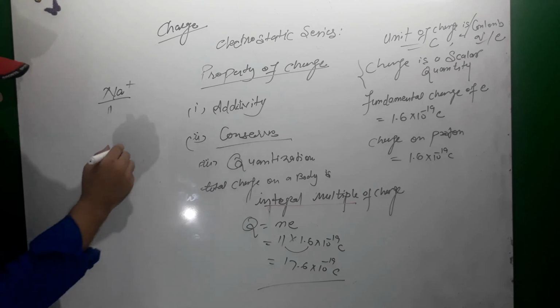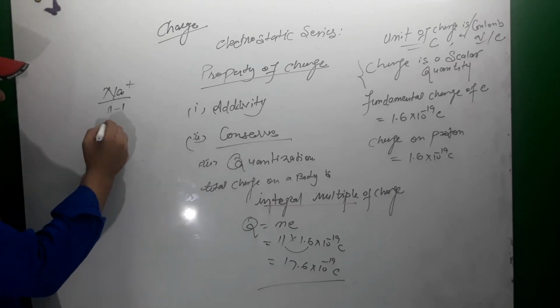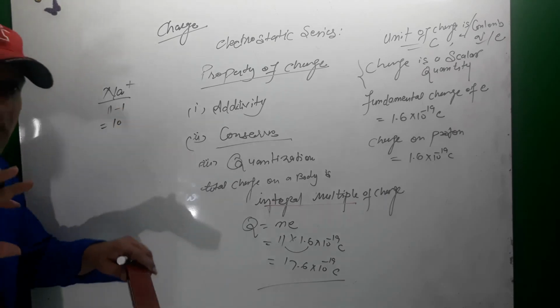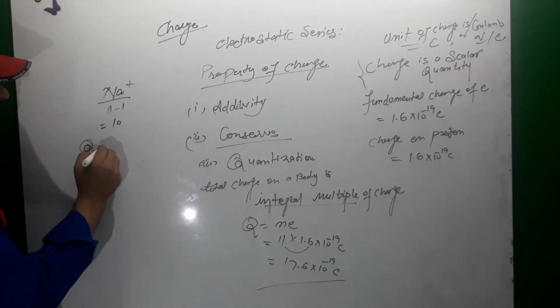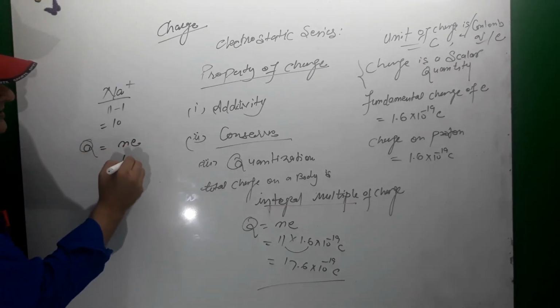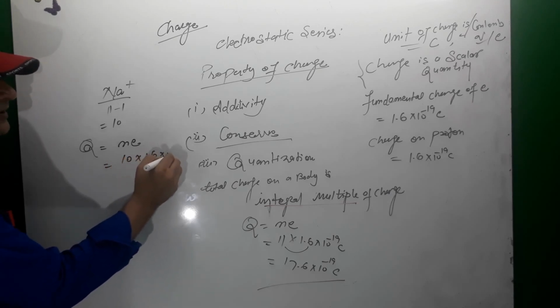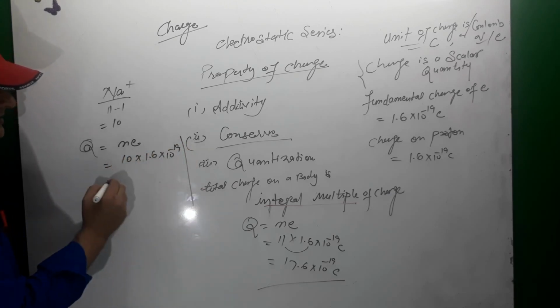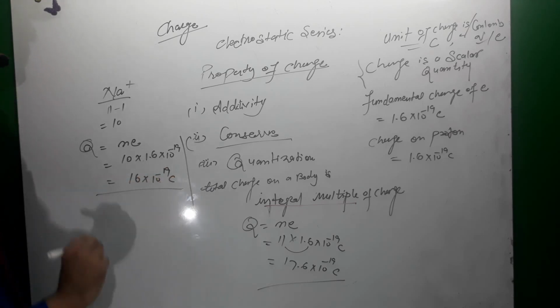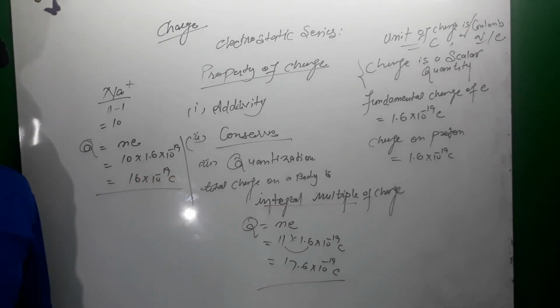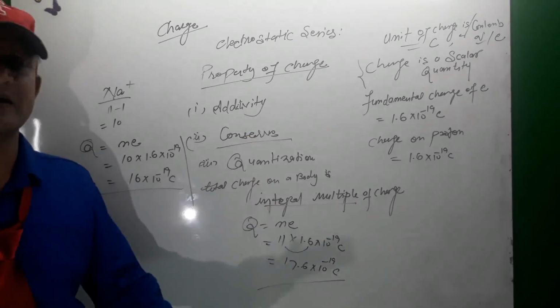Sodium has 11, 1 has been released, so there are a total of 10. Now what would be the charge on it? Again use this formula, Q equals N e. N is 10, times 1.6 into 10 to the power minus 19 coulomb. Simply multiply, and this is the charge on sodium when 1 electron has been lost.